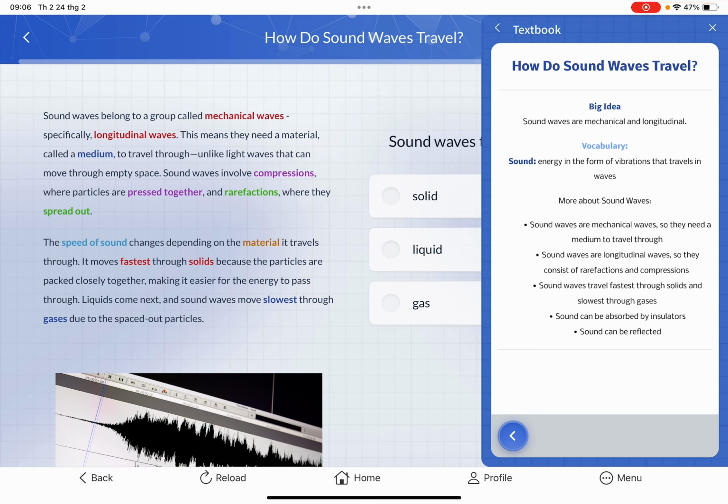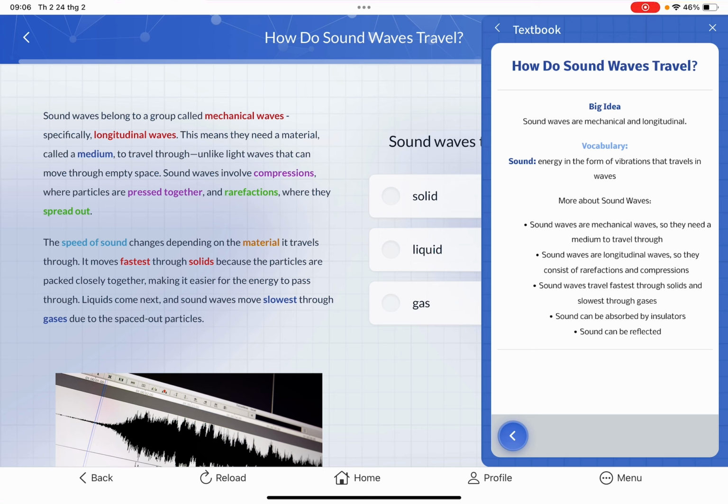However, if we talk through a gas, no matter what gas it is, the particles are not packed closely together. They're all over the place, everywhere. They can move freely anywhere they want.